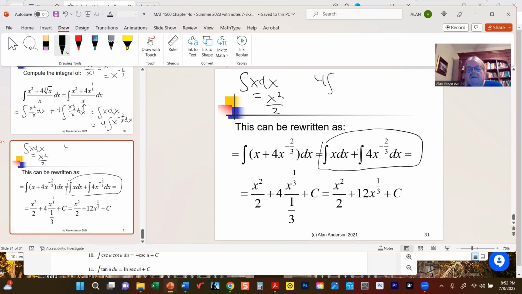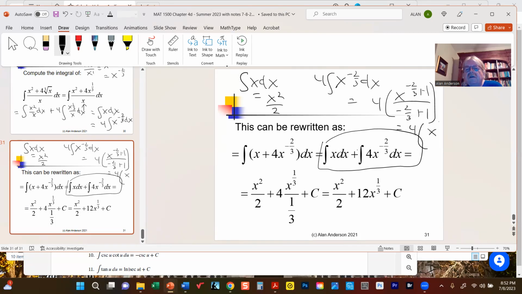This one, minus 2/3 plus 1 means that what you've actually got here is 4 times x to the 1/3 over 1/3.